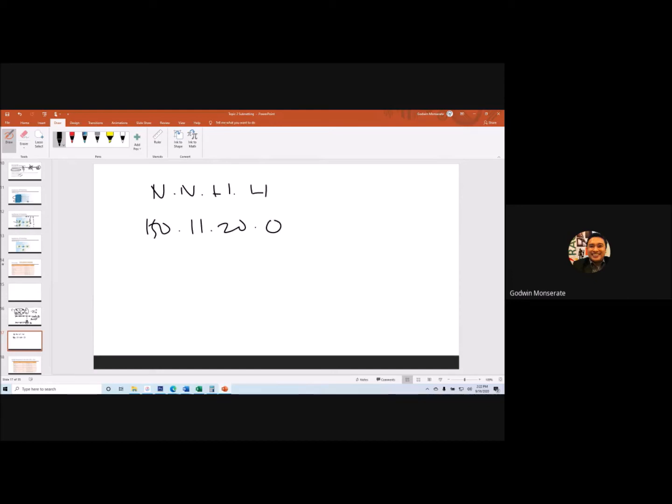That's why if you see a class B address, let's say 150.11.20.0, I will ask you, is that an IP or a network? Network, sir. Who else said IP? How about the others? Network or IP? Network, sir. Okay, you are all wrong. This is an IP address. Why?